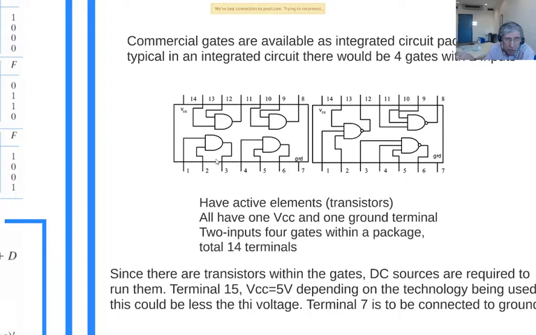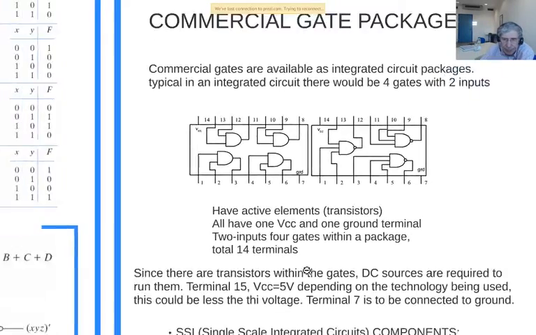Whatever the technology is, the definitions and relations we use here do not change. But in the lab, we're going to use TTL logic, and the power you apply to VCC and ground is going to be 5 volts and 0 connection.